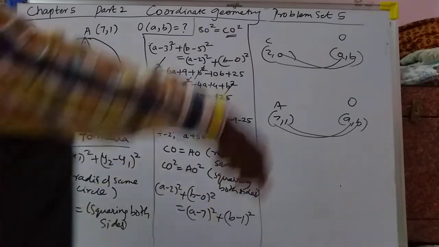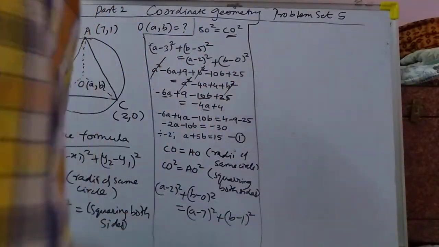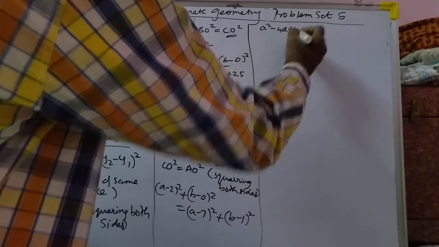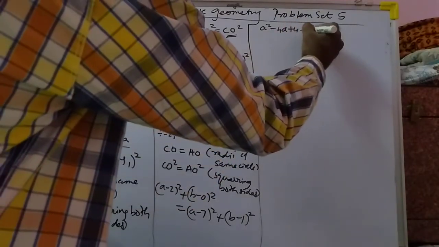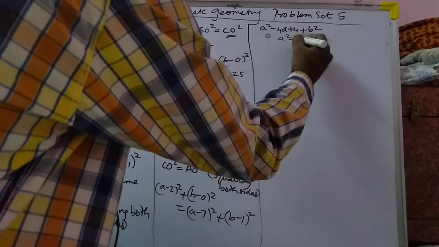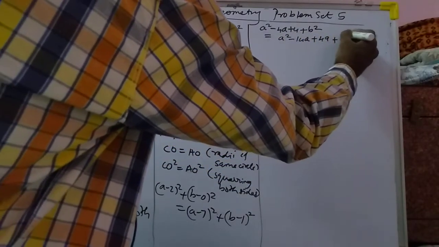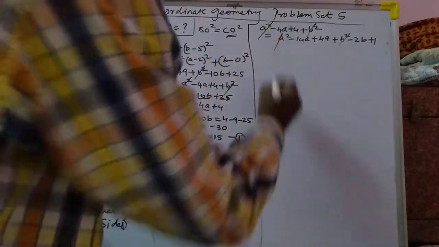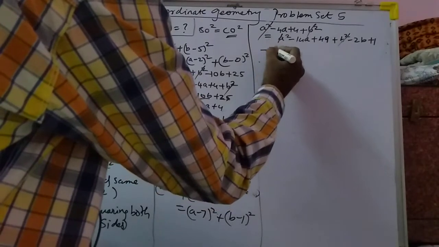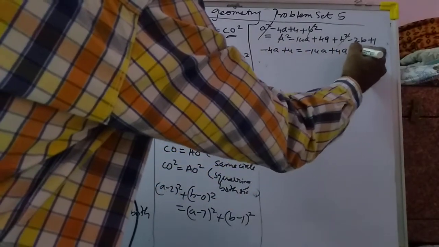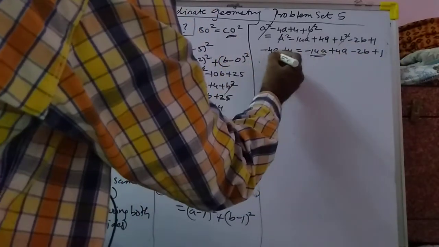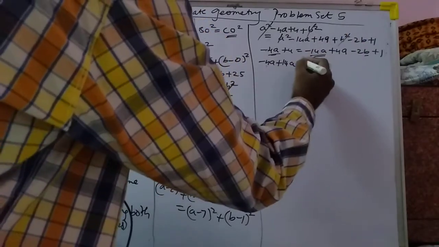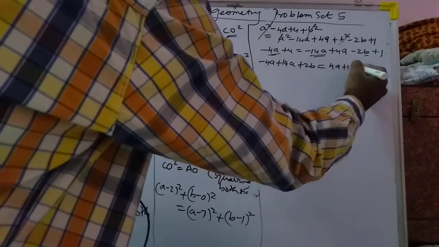Expand it. So we have a square minus 4a plus 4 plus b square is equal to a square minus 14a plus 49 plus b square minus 2b plus 1. एक्सपैंड करो, इसके बाद फिर ग्रुप करेंगे, a square, b square कैन्सल. So we will group it and what is remaining we will write: it is equal to minus 14a plus 49 minus 2b plus 1. So minus 4a plus 14a, and b को इस साइड ले लेते हैं तो plus 2b, नंबर को साइड 49 plus 1 minus 4.